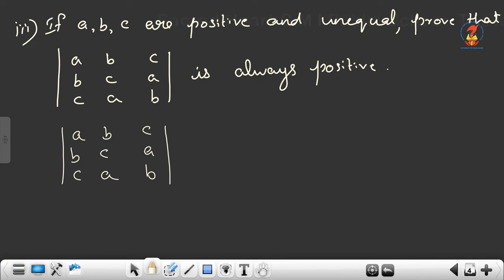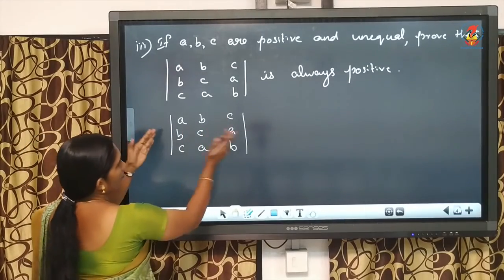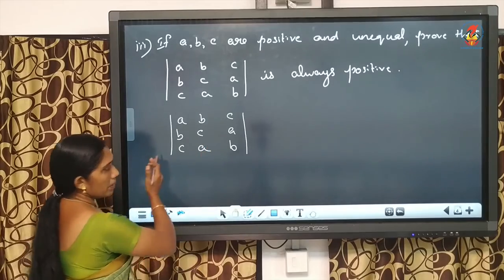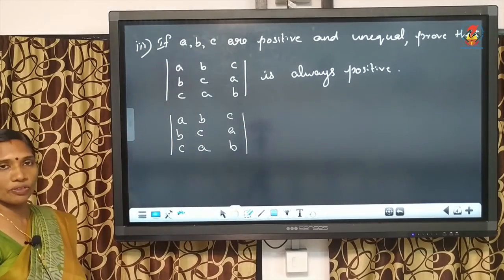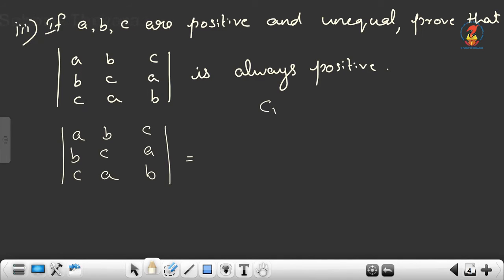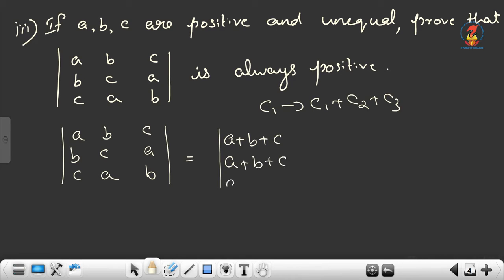Can we get a common factor? If we add column wise, we get a plus b plus c, a plus b plus c, a plus b plus c, or row wise also you can add. So when we do this operation, C1 implies C1 plus C2 plus C3, we get a plus b plus c in the first column.